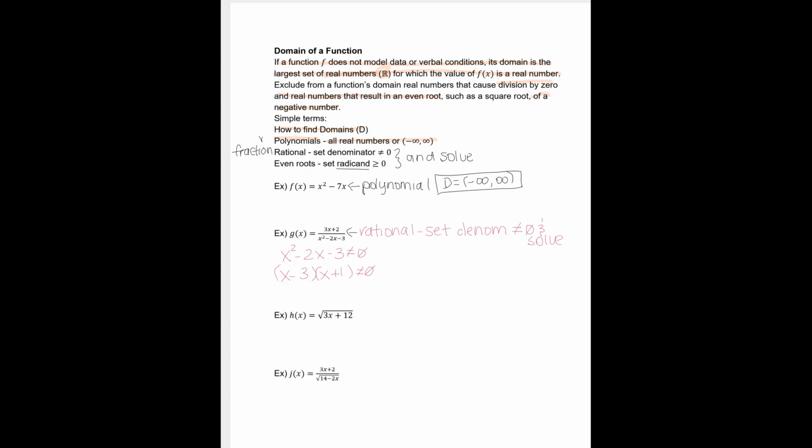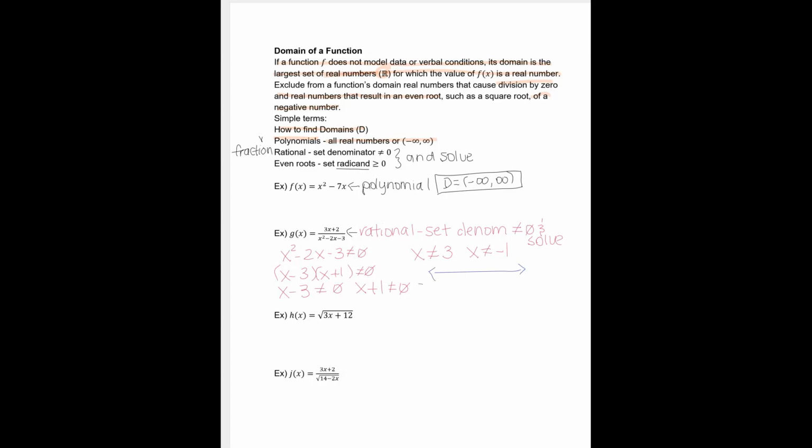Okay, so now we're going to set x -3 cannot equal 0, x +1 cannot equal 0. So we're just going to move this over. So that's going to be x cannot equal +3, x cannot equal -1. Now, my favorite thing to do now is to put this bad boy on a number line, because we know that we've already assumed all real numbers, right?